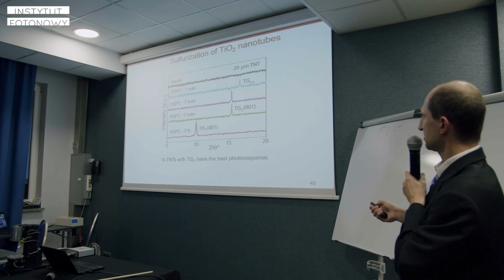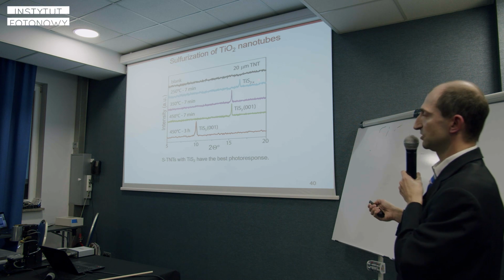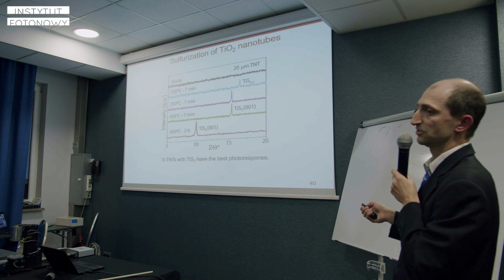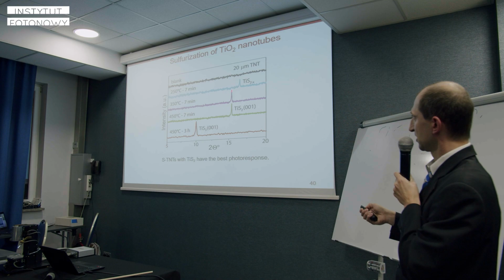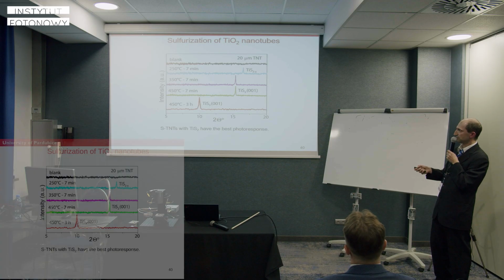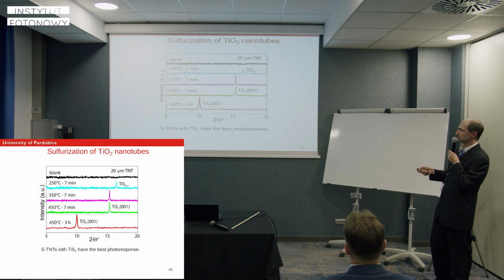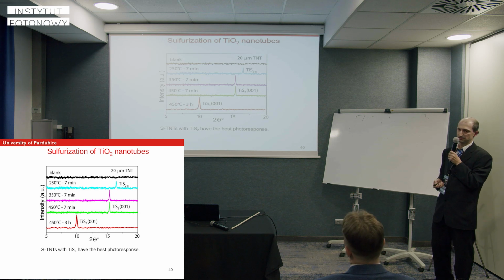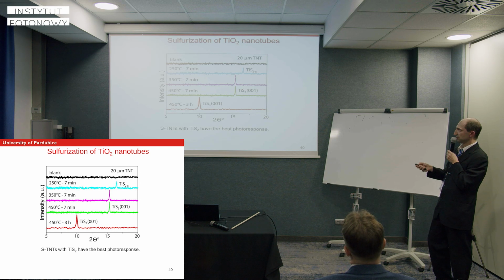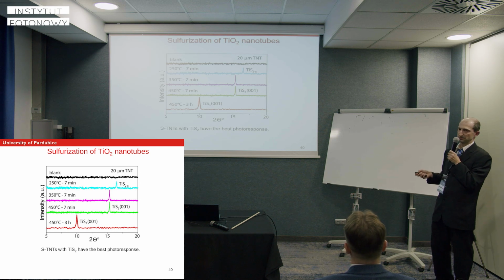We believe that is titanium sulfide with oxygen, so a titanium sulfur oxygen structure. After that, if you sulfurize at 350 or 450 C for 7 minutes, here's titanium disulfide. It's a typical feature of titanium disulfide. And after that, if you sulfurize it at 450 C for 3 hours, there is a typical titanium trisulfide structure. Okay, so the best photoresponse has only the titanium disulfide structure.